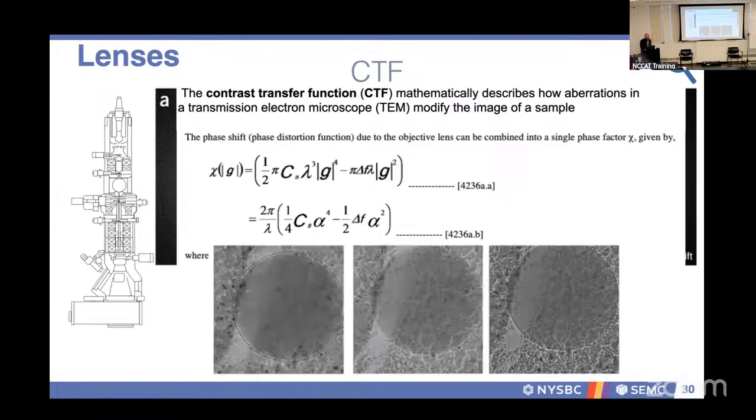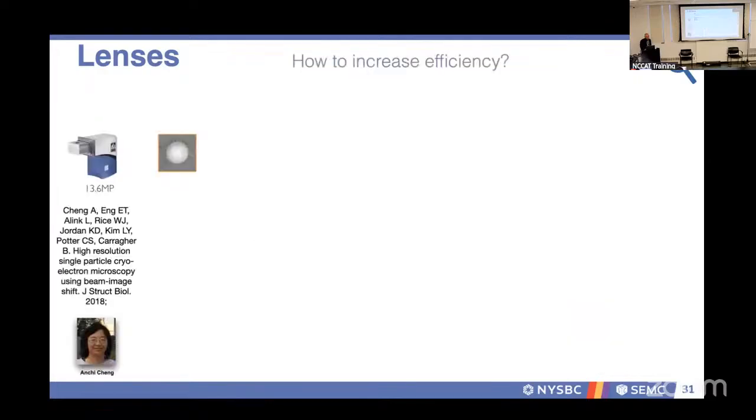I'll skip this, but you have these slides. There are different lens systems to not only focus and magnify, but we've made use of lenses to increase throughput, by doing something known as image beam shift. Back in the day when we first used electron microscopes for data collection, we would move the stage to a particular area and take an image.